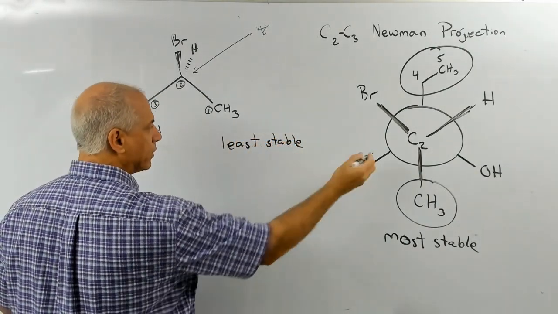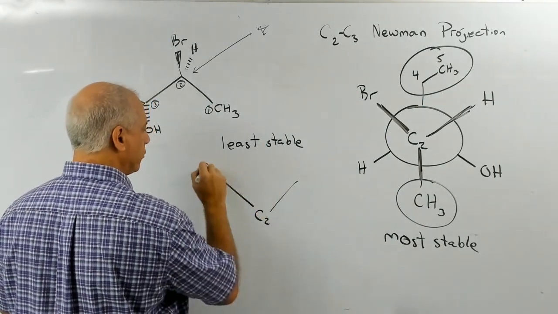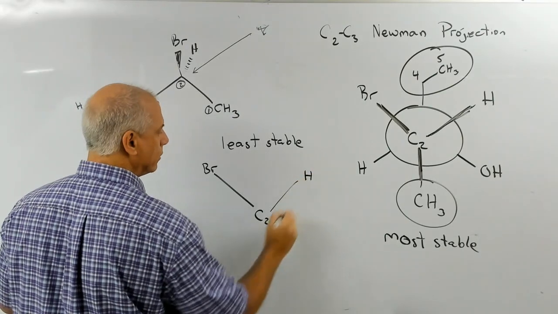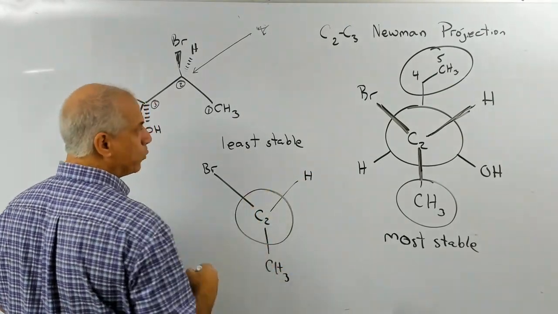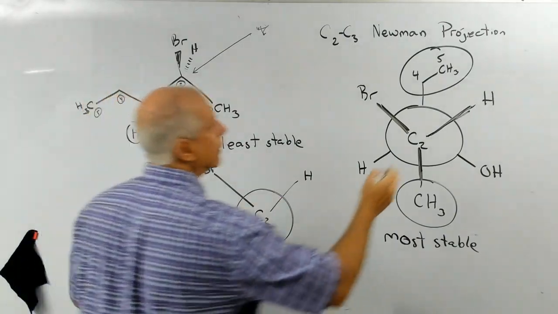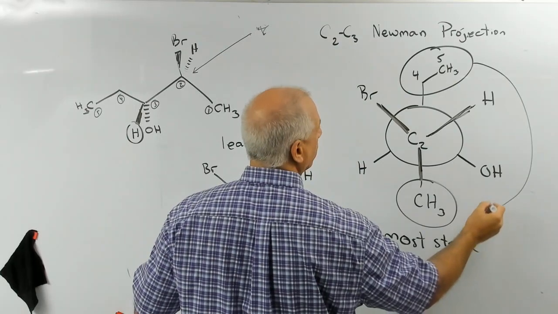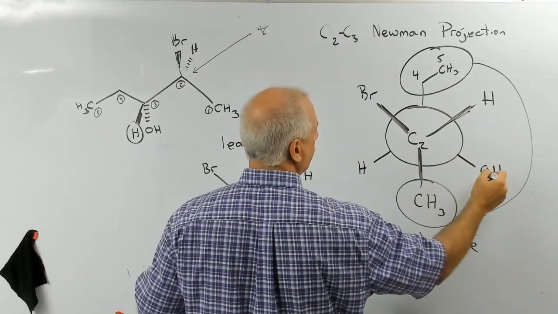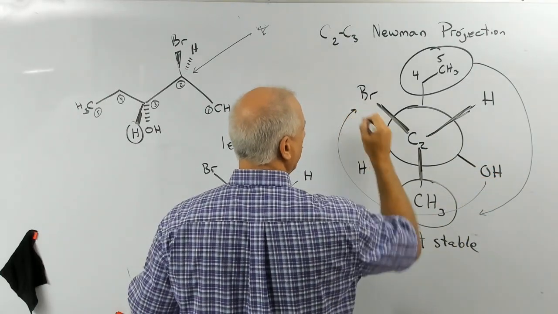So then we're going to have the least stable. I'm going to keep the front wheel intact, C2, bromine, hydrogen, CH3, and then the back wheel, I'm going to spin it so that this comes all the way down to there, but then that means that this OH is going to go all the way to here, and that hydrogen.